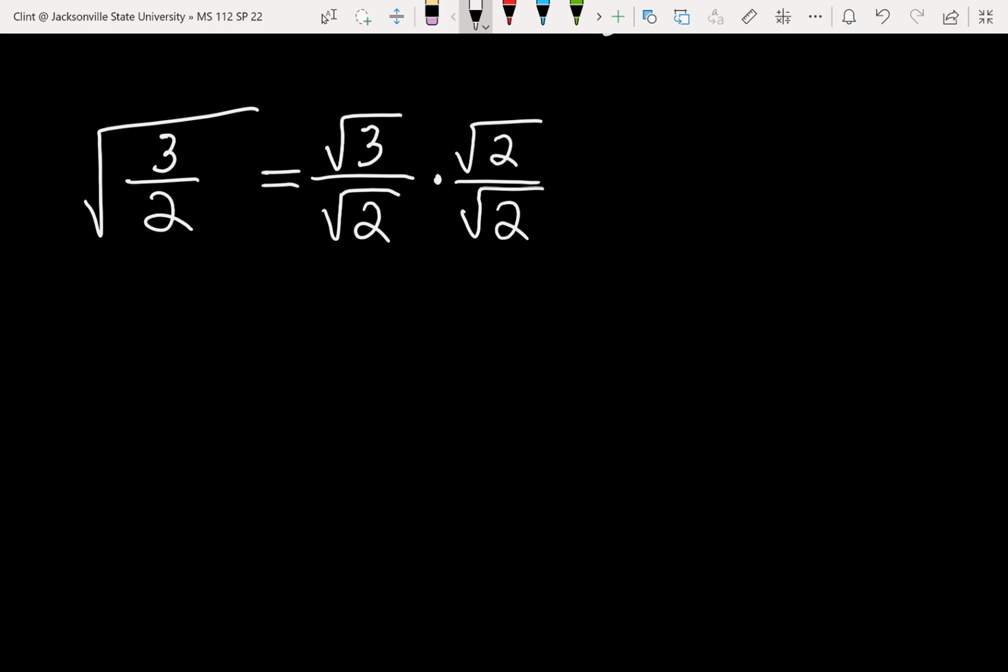On the top this time, when we multiply, we can actually multiply these out. Square root of 3 times square root of 2. We multiply the numbers underneath the radical, so 3 times 2. Square root of 6 on top. Bottom, square root of 2 times square root of 2, that's square root of 4. Square root of 2 squared, however you want.